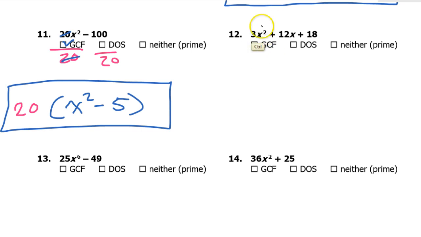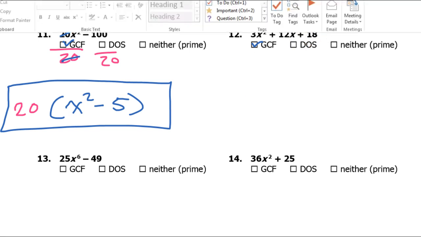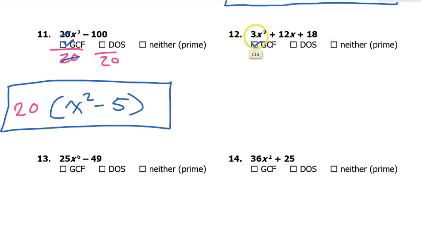Okay, look at problem number 12. This definitely does not fit the difference of squares pattern. All right, it has 3 terms for one thing. However, there is a GCF. So, do all of the terms have variables? No, the 18 has no variables. So, no variable in the GCF. But they are all divisible by 3. So, 3 is going to be my GCF.